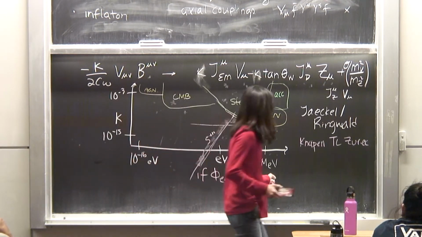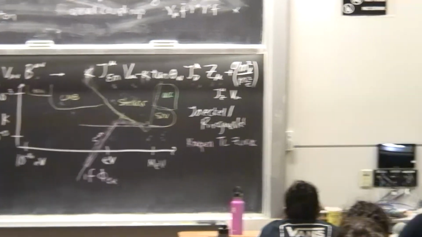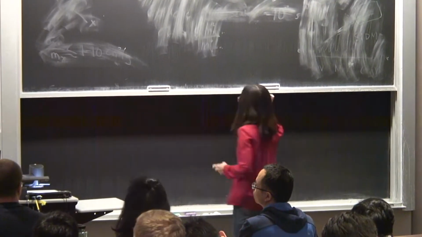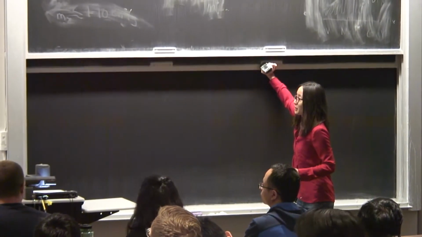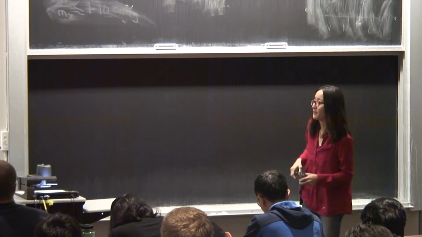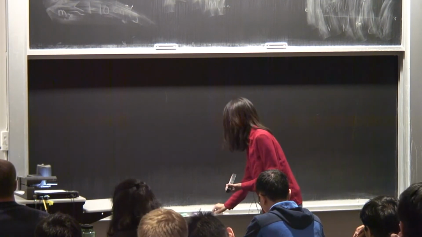Okay, but I want to write down now two benchmarks that have the correct relic abundance through the dark photon mediator. I'll show where they live in this parameter space for the dark photon, and then we'll wrap up there.